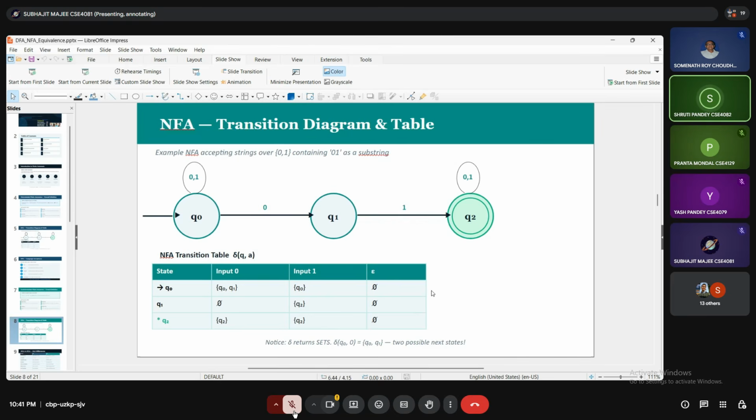For q1, input 0 will be phi, input 1 will be q2, and epsilon will be null. In q2, input 0 will give q2, input 1 gives q2, and epsilon will also be null. Next slide.